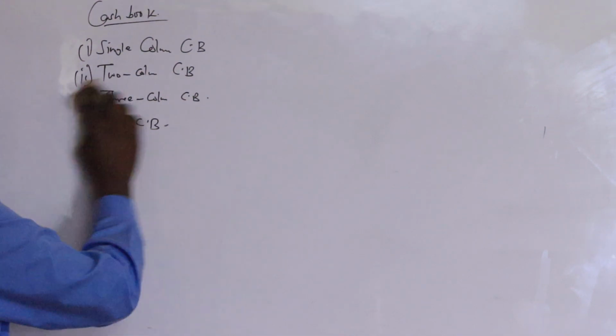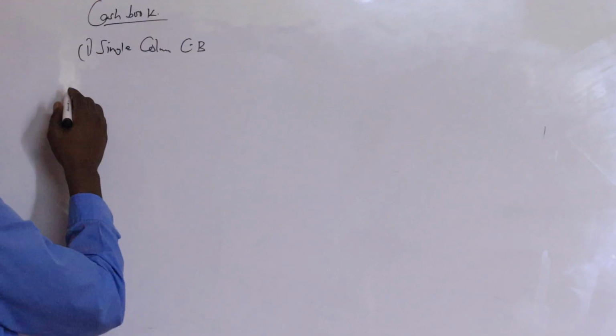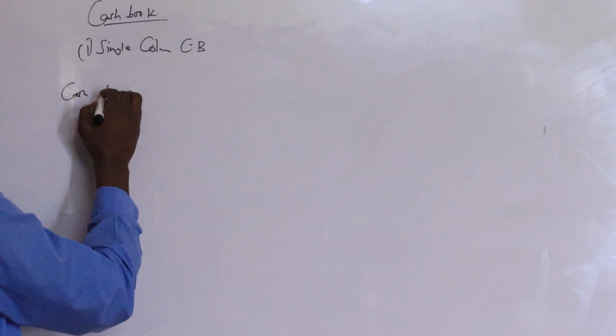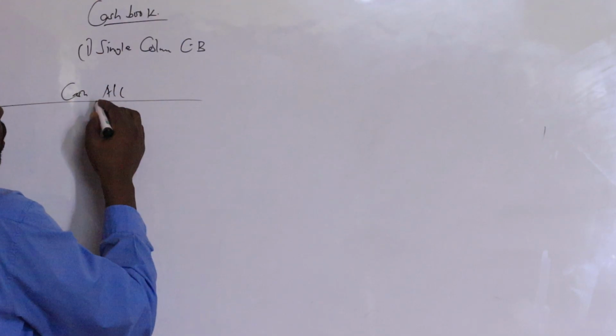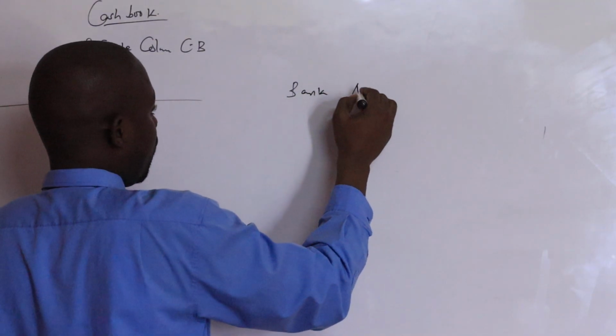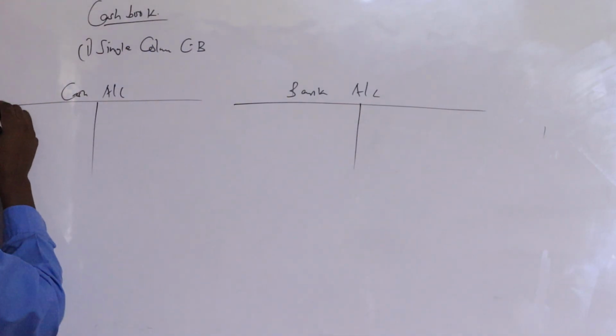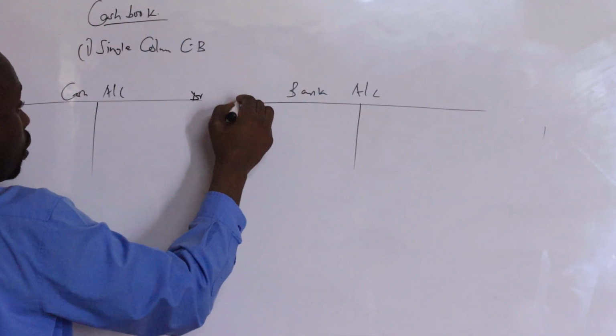Now, I will start with the single column cash book. Single column cash book is a cash book where the cash account and the bank account are separately maintained. They'll be on different pages or folios.